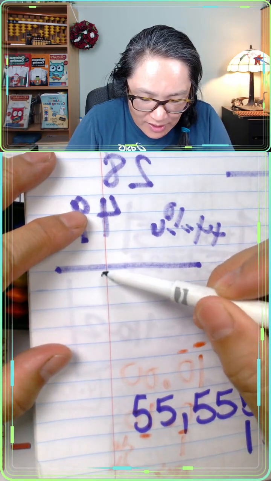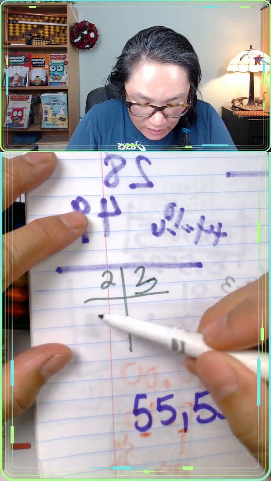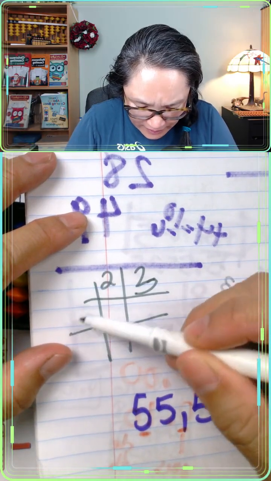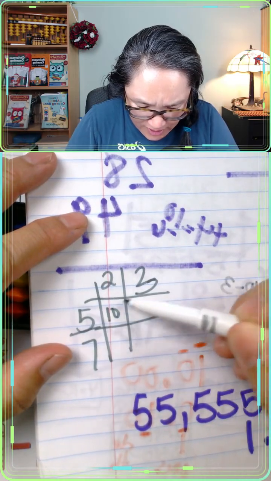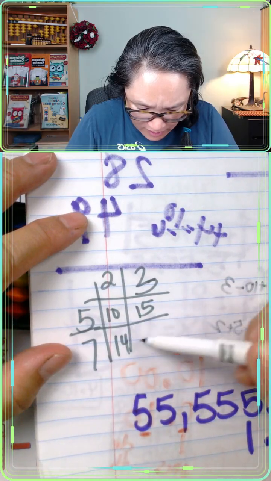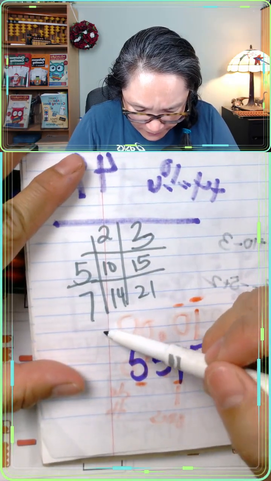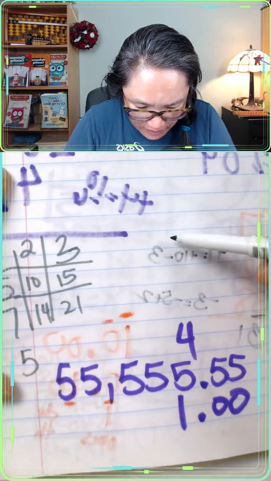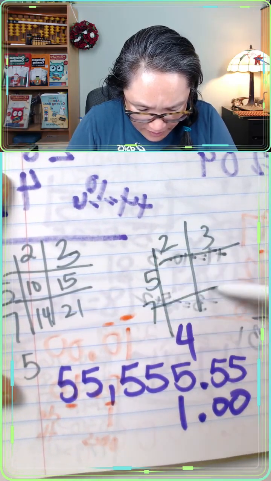Was a matrix like 3, 2, 3, and then 5, and then 7, and then this is 10, this is 15, this is 14, this is 21, or whatever. 2, 3, 5, 7.